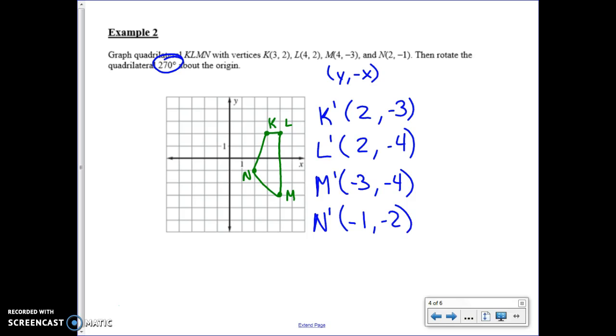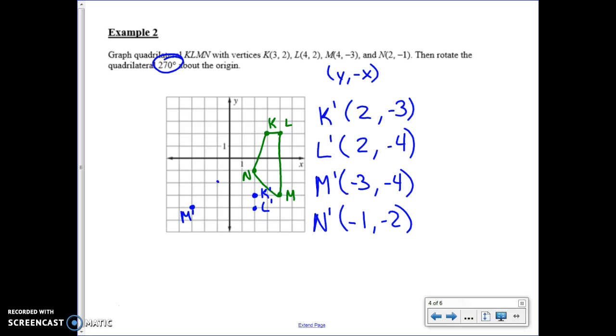So I'm going to plot those points now. So 2, negative 3 is K prime. 2, negative 4 is L prime. Negative 3, negative 4 is M prime.